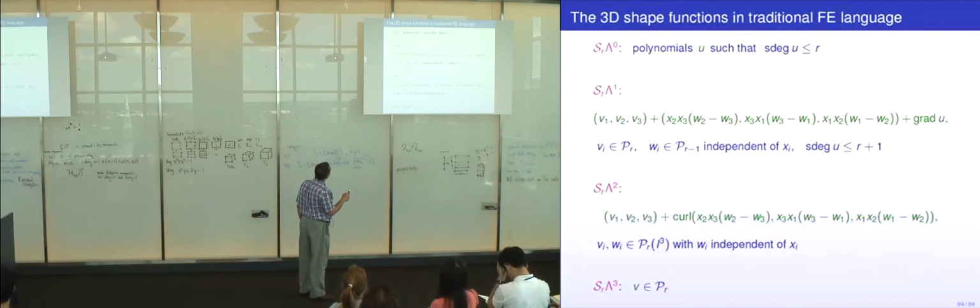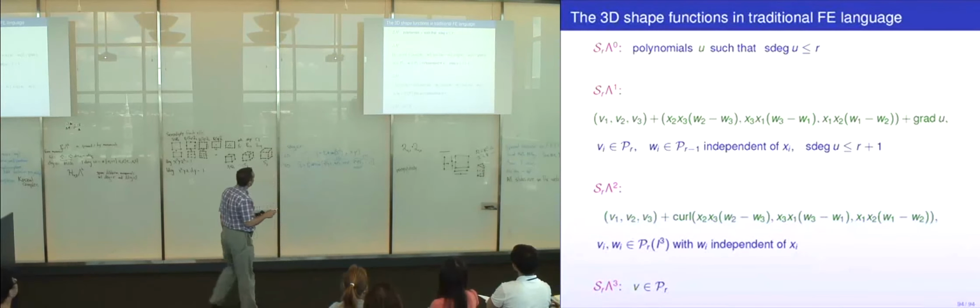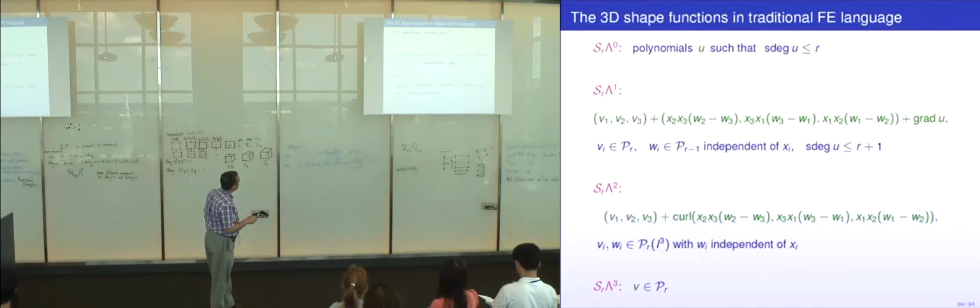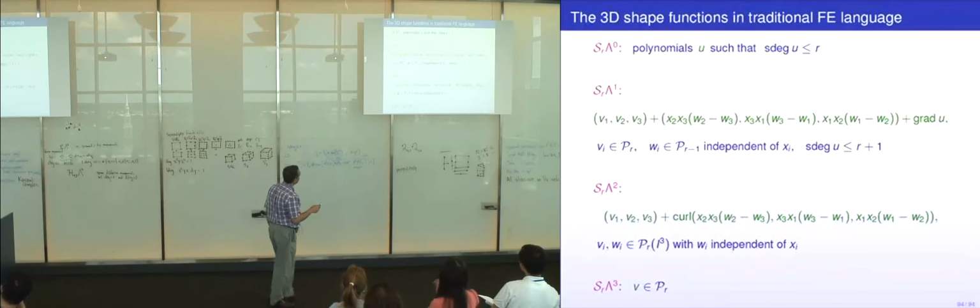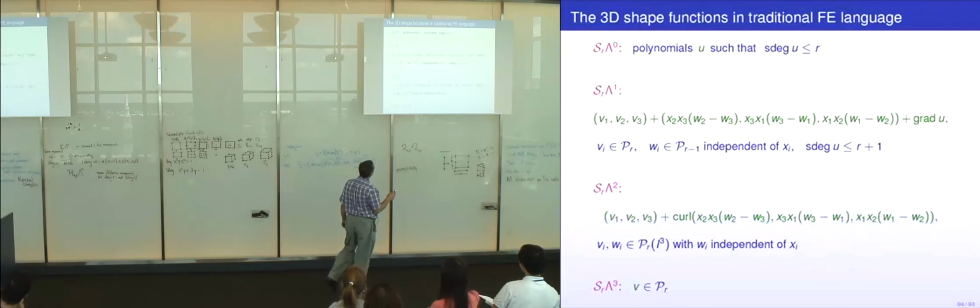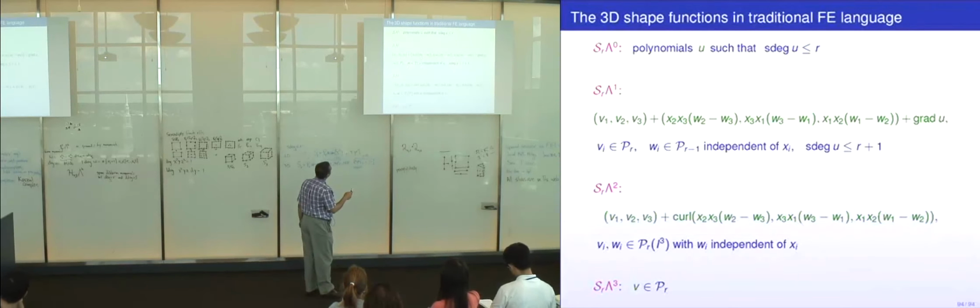For 1 forms, you use vector fields for which each component is a polynomial of degree at most R, and then you add certain things of higher degree, and what are they? Well, they're of this special form, x2, x3 times the difference of w2 and w3, x3, x1 times the difference of w3, w1, x1, x2 times the difference of w1, w2, where the wi's are polynomials of degree r minus 1 and don't depend on xi. Wi doesn't depend on xi.